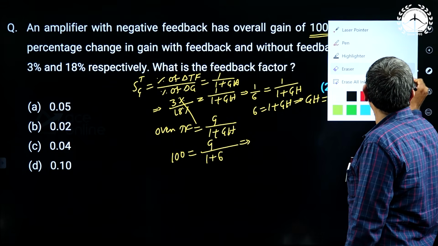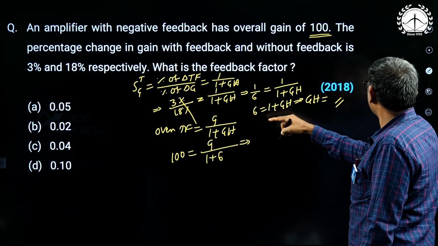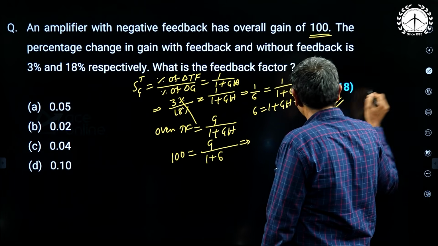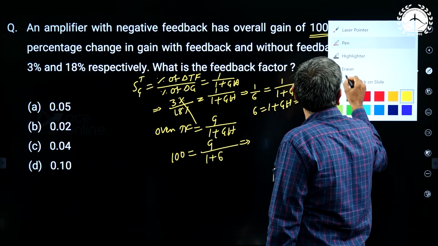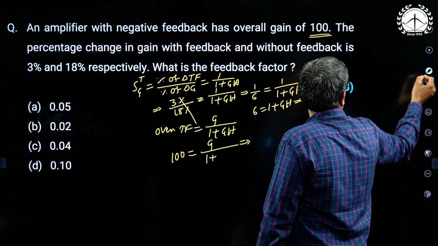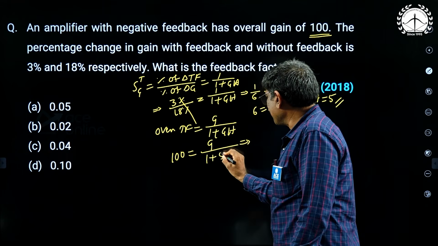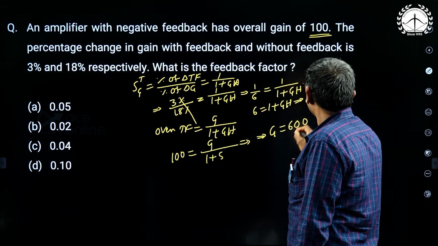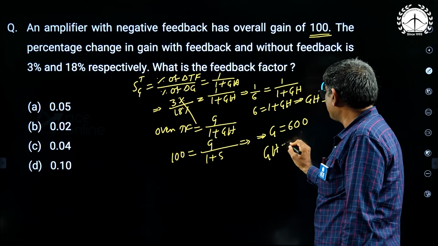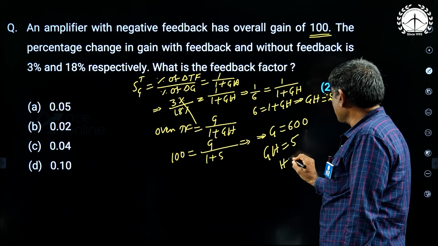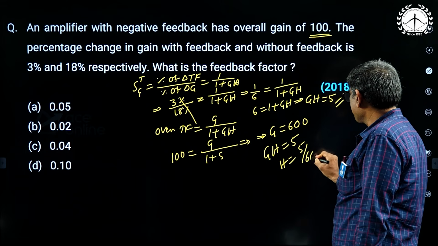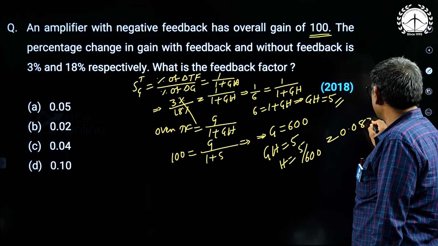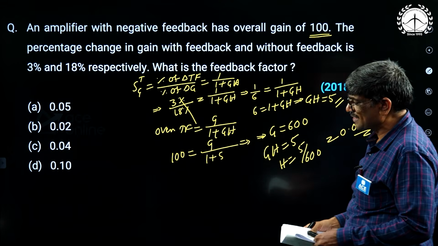GH is here 5, because 1 + GH is 6, so GH is 5. Then you find G equals 600. That means GH equals 5, so H equals 5 by 600. You solve it, and I think the answer is not matching, 0.0833 or something you are getting. It is not matching any one of the options.